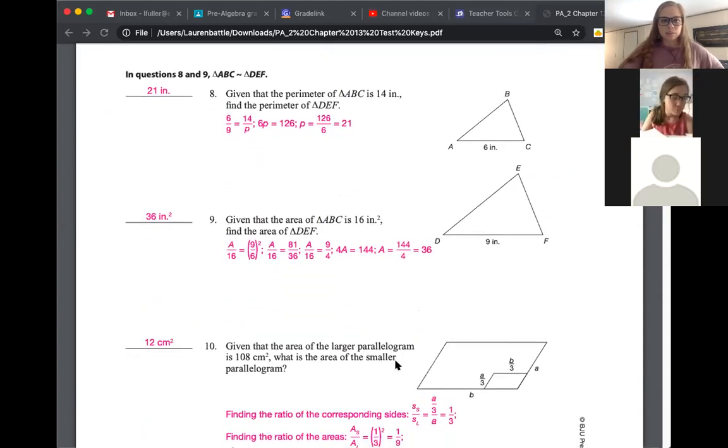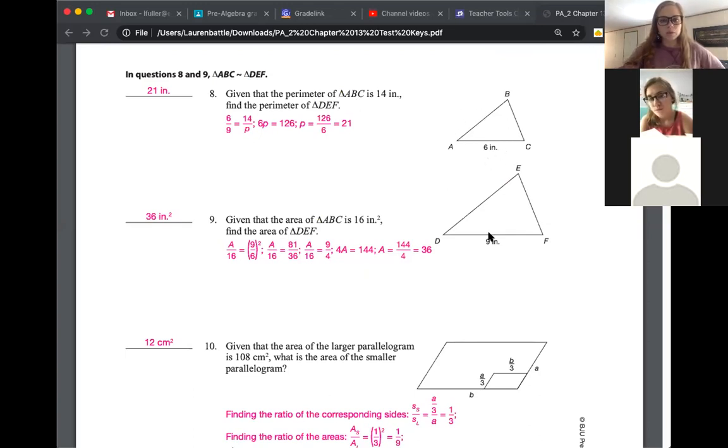Here we've got similar triangles that tells us that triangle ABC and triangle DEF are similar to one another. So that means their corresponding sides are, we can make proportions with them. So the ratio 6 to 9, that would be the ratio would be 2 to 3. But anyways, it gives us the perimeter is 14 inches.